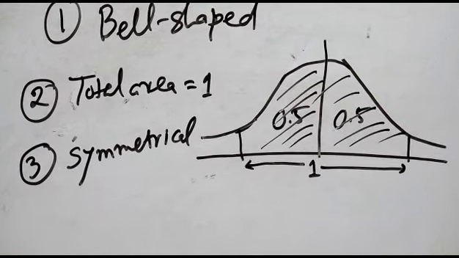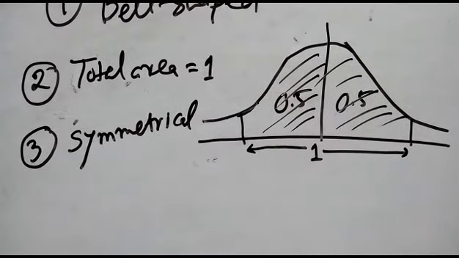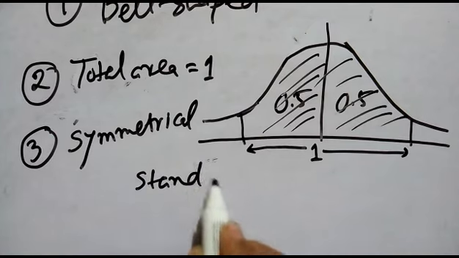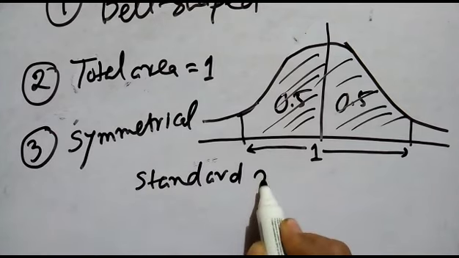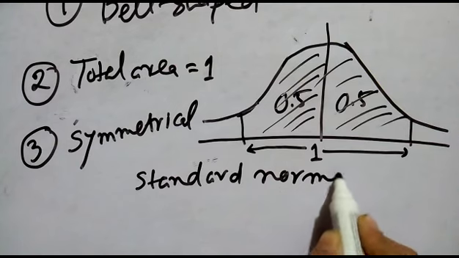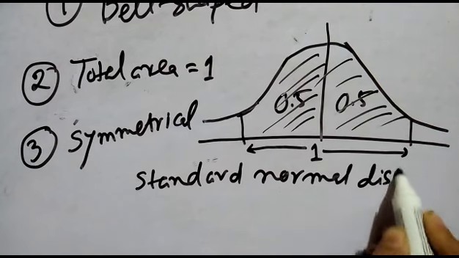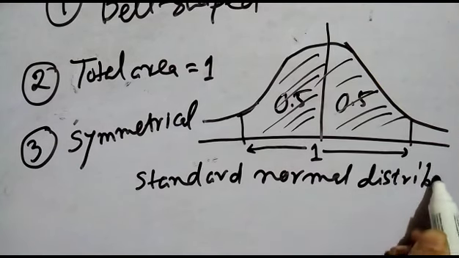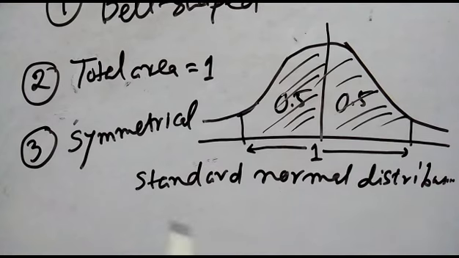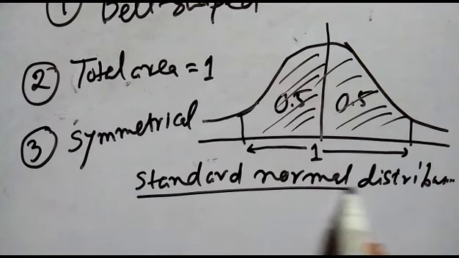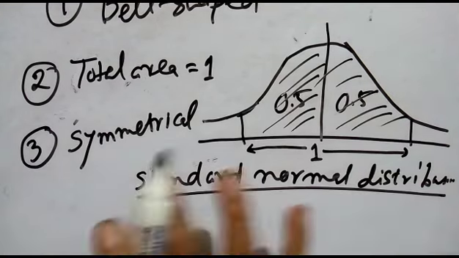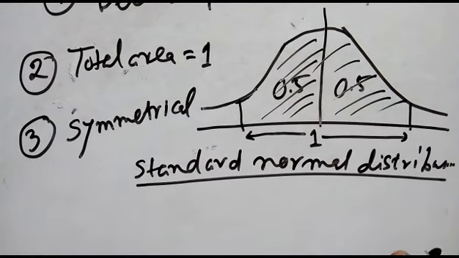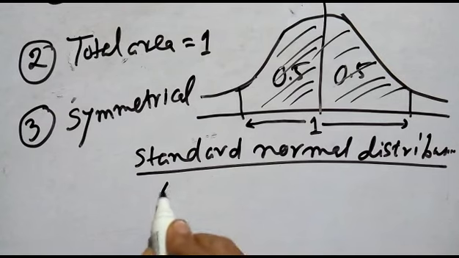We must know another term, that is standard normal distribution. What is the specialty of standard normal distribution? This is the same normal distribution with two extra properties. That is number 4.